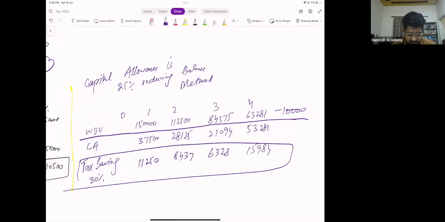Here it is. This is the tax saving on capital allowance. We have calculated it. Note it down, please.